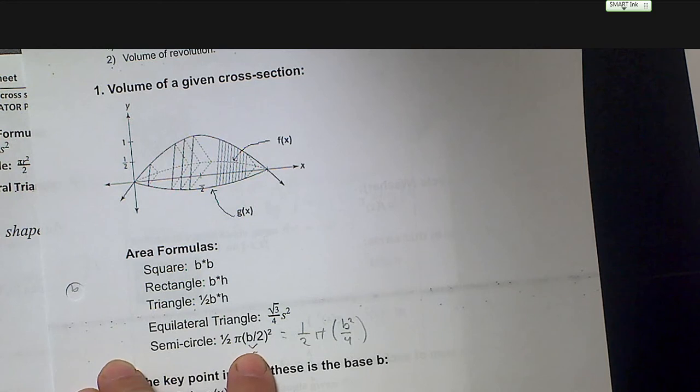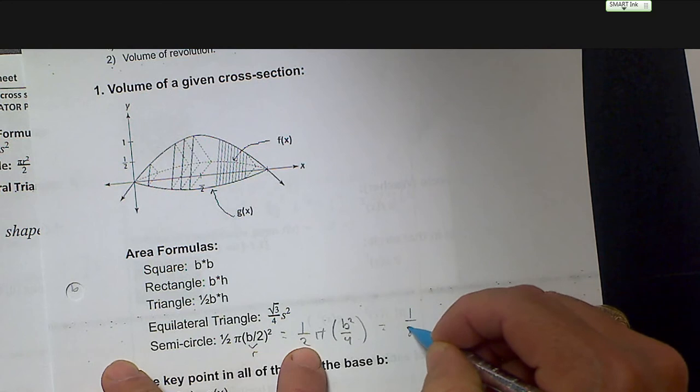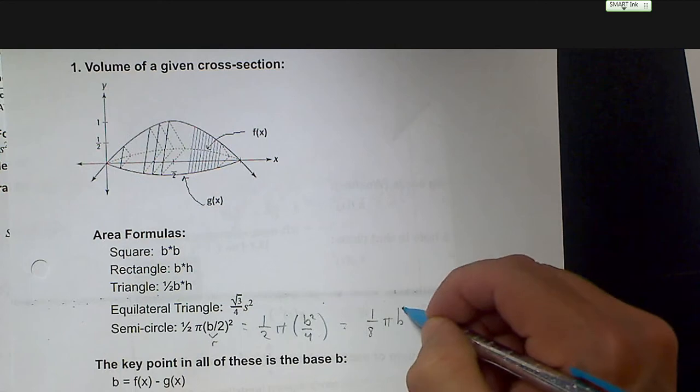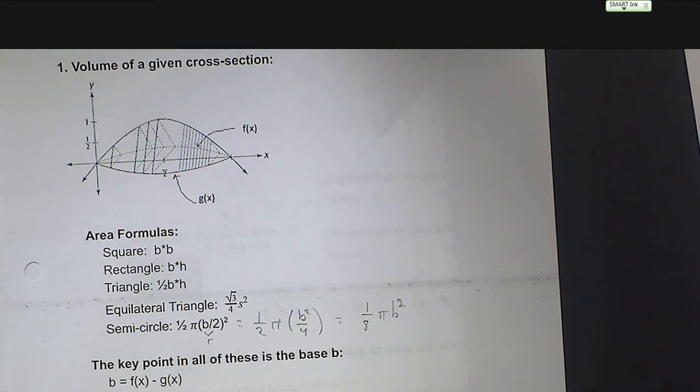That makes sense to you? And so that's really going to be 1/8 pi base squared. I'm walking through this so you can understand where we're going with this. Does that make sense to you?